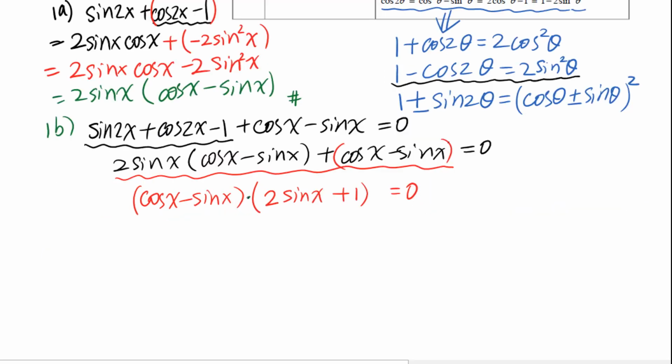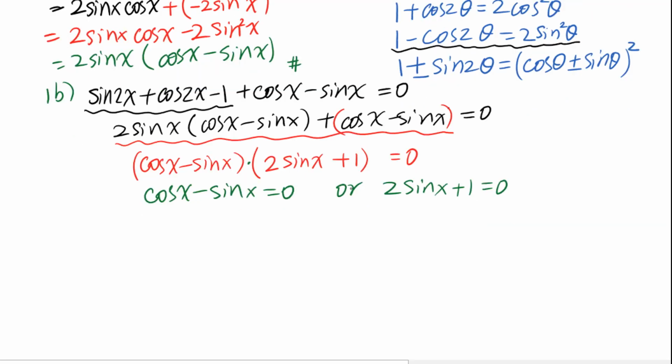Since the product of these two factors equals 0, we set up cosine x minus sin x equals 0, or 2 sin x plus 1 equals 0. We will solve these two separately. For the first equation, move sin x to the right side, and you will get cosine x equals sin x.